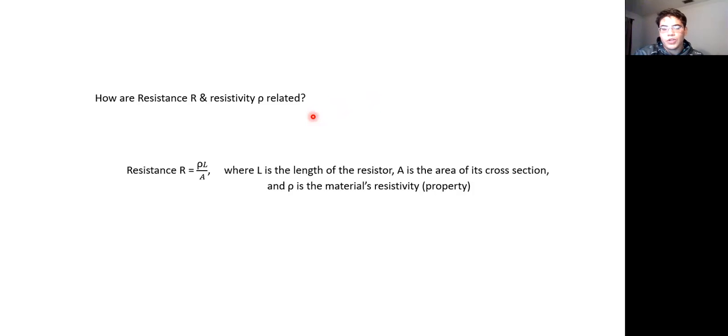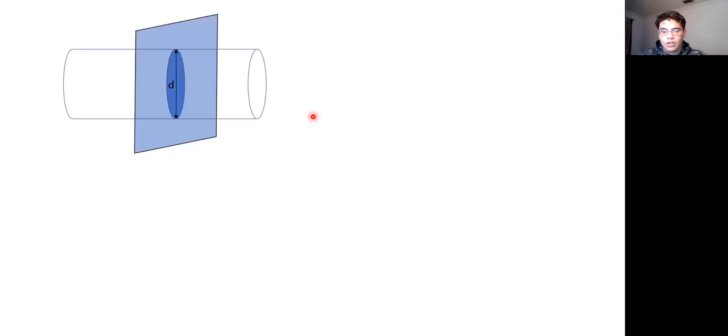Well, we're given this equation, resistance R is equal to the resistivity ρ L over A, where L is the length of the resistor, A is the area of its cross-section, and ρ is the material's resistivity, which is a property of the material. So if we are talking about the area of its cross-section, we're going to be looking at this here.